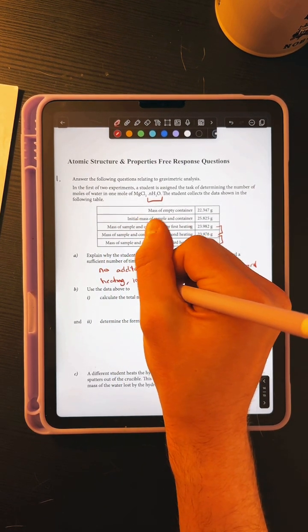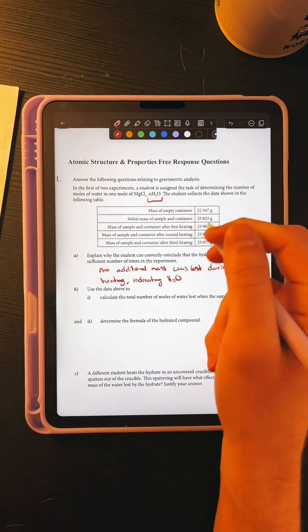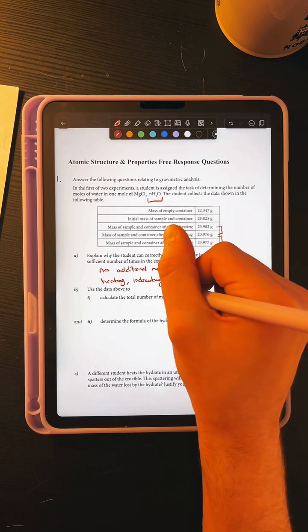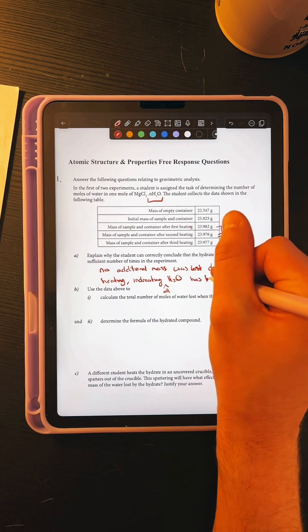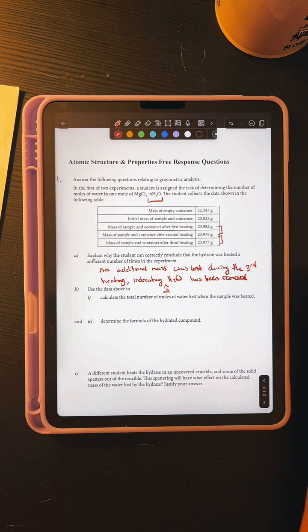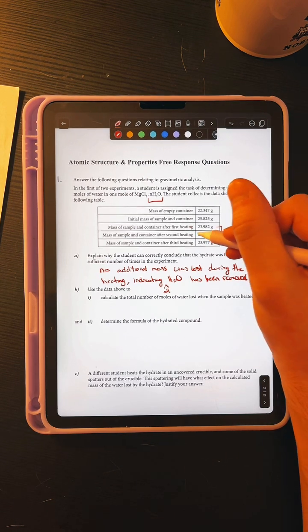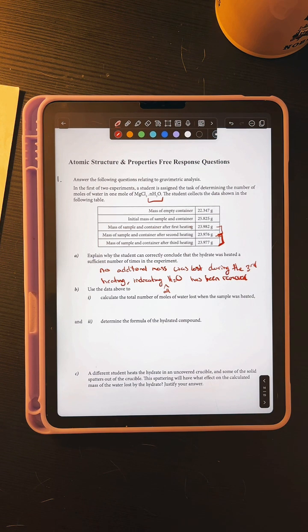This indicates, water, H2O, indicating all the water has been removed. So as long as you say something along those lines, then you will get full points. That because the third heating, the mass didn't really change, you're good.